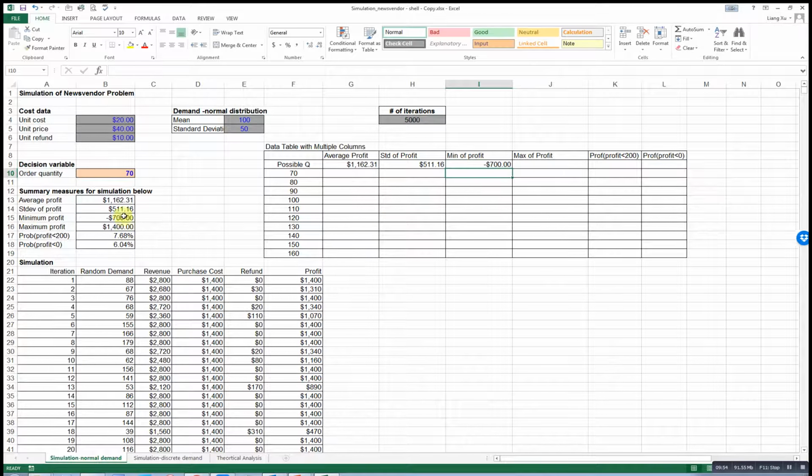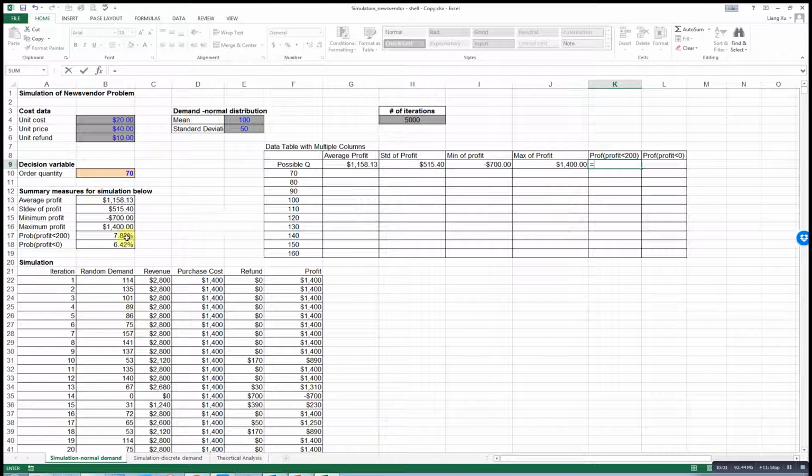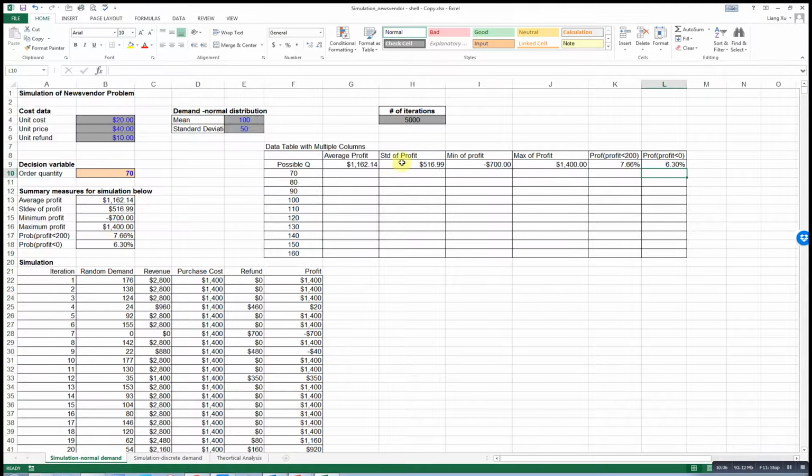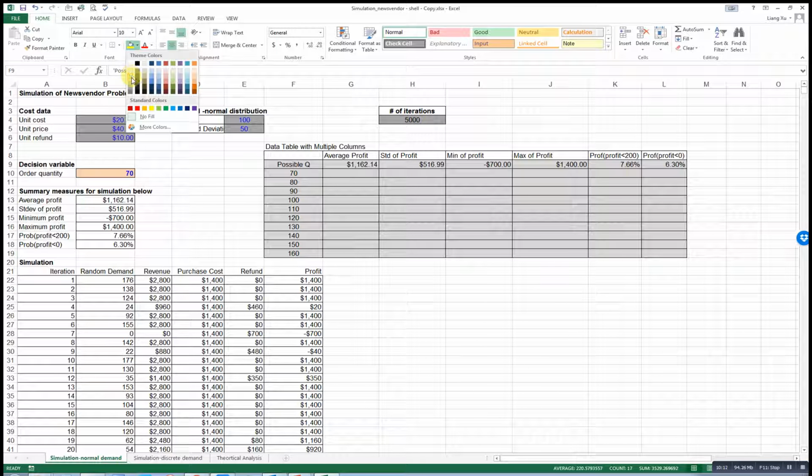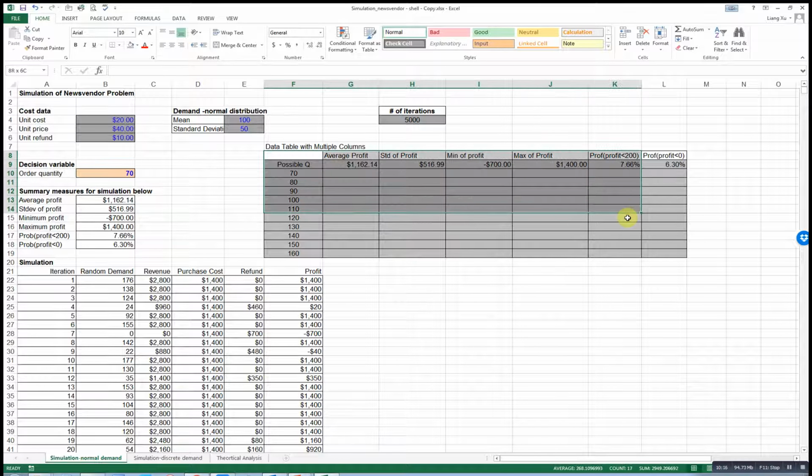Let me highlight this with color, okay? Because I see somebody is choosing this region as a data table. That's not right, because then the first row doesn't give the data table information on what you want it to calculate. So this is your first row, because in this row you tell the data table what you want it to calculate.